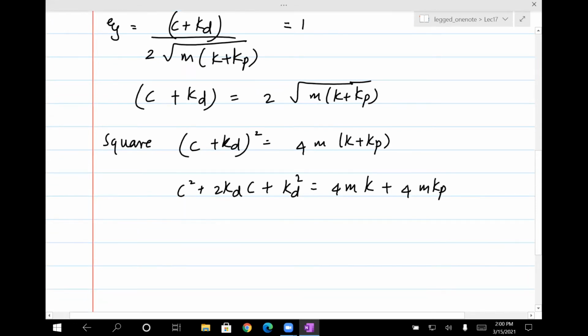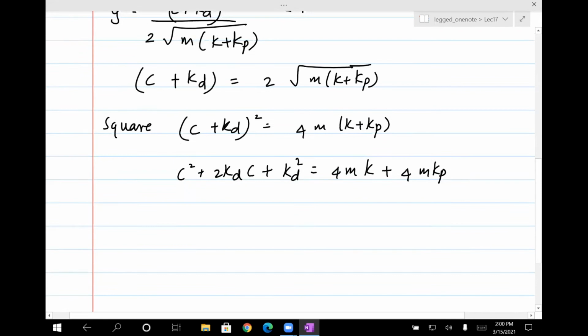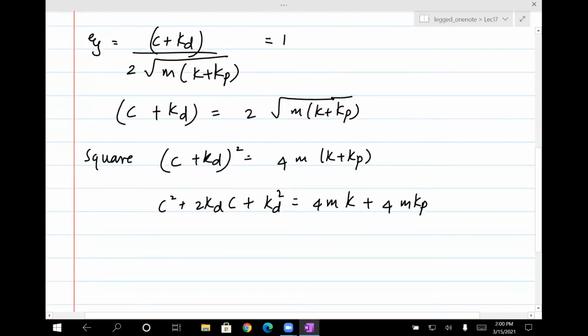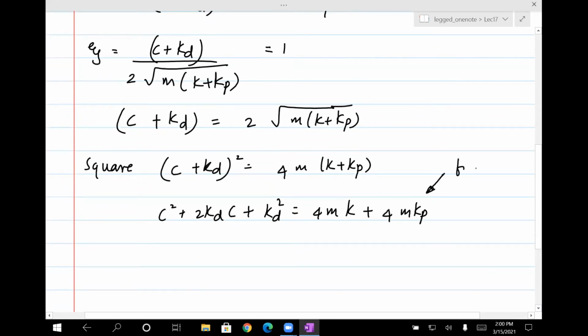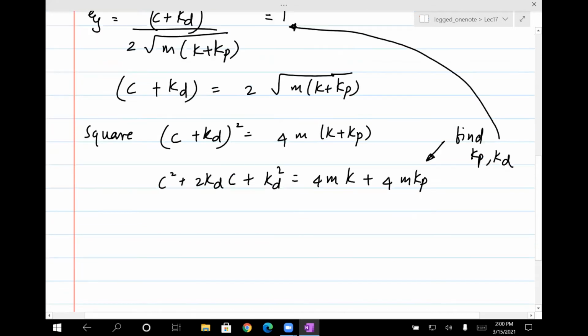What we'll do now is, remember, we are trying to find Kp, Kd, such that we have a critically damped system, right? So those two are unknowns.